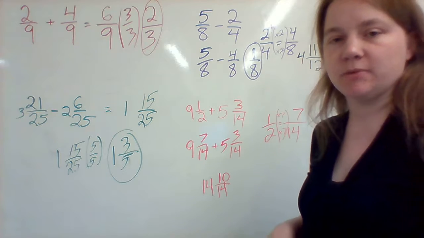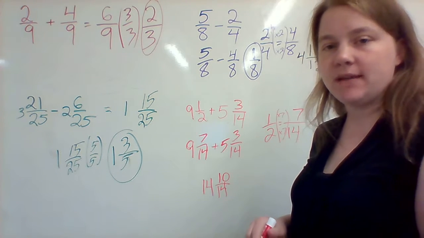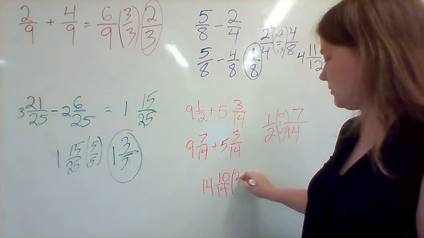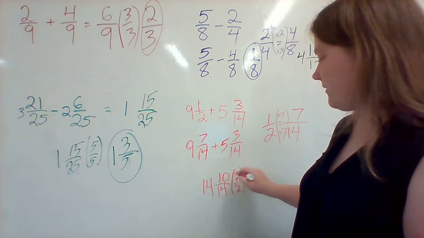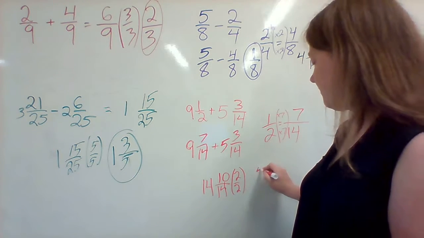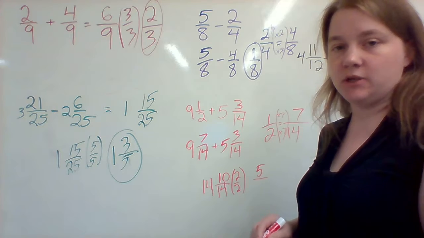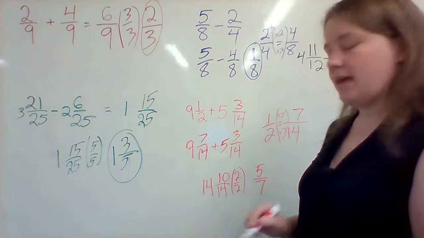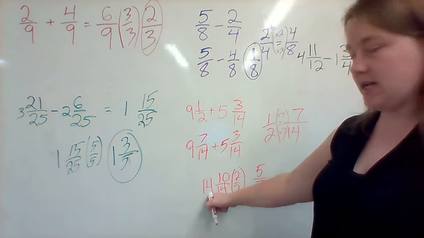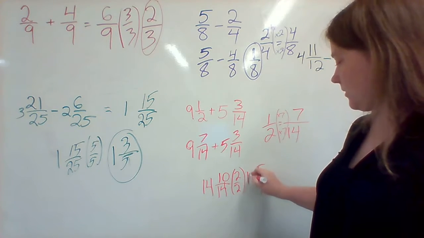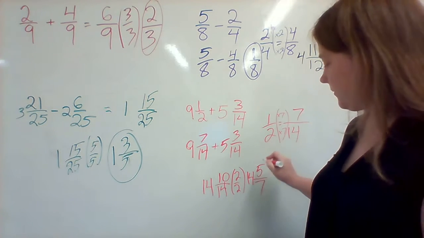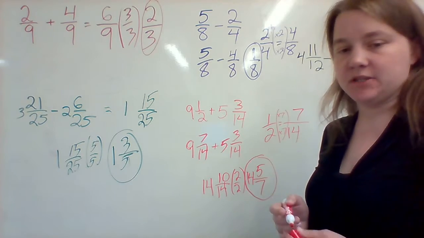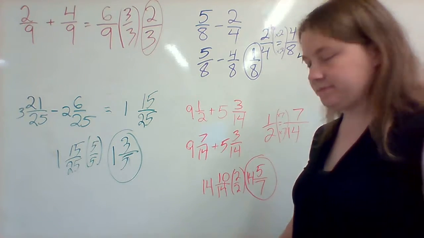And I know that I can simplify 10 over 14 because they are both even numbers, so I'm going to simplify by 2 over 2. 10 divided by 2 is going to be 5. 14 divided by 2 is going to be 7. And I have to make sure I take that 14 and shift it over. So my final answer is 14 and 5 over 7.